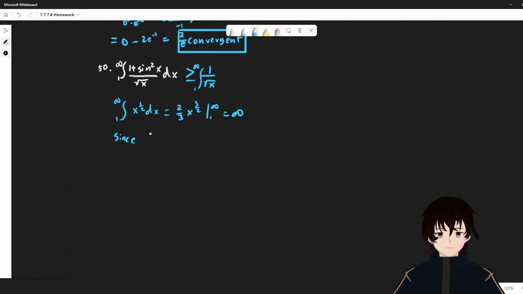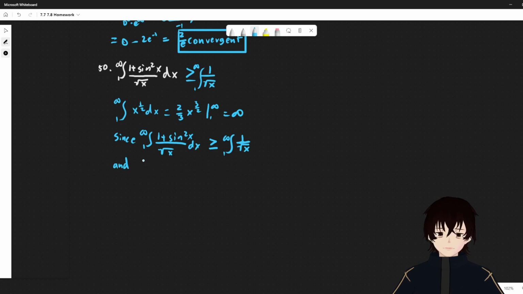Since 1 to infinity, this entire integral is greater than... wait, no. Actually, yes. Because sine squared x is always positive, so that's always between 1 and 2. Here we have 1.